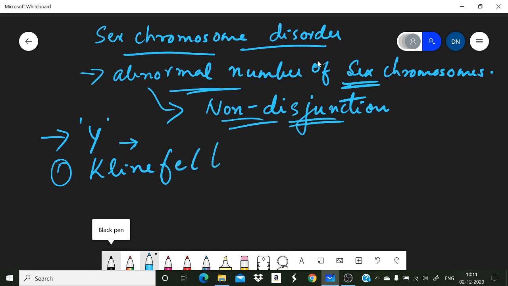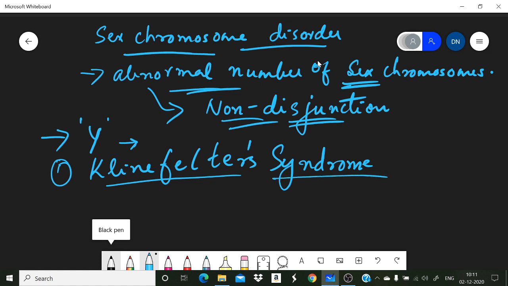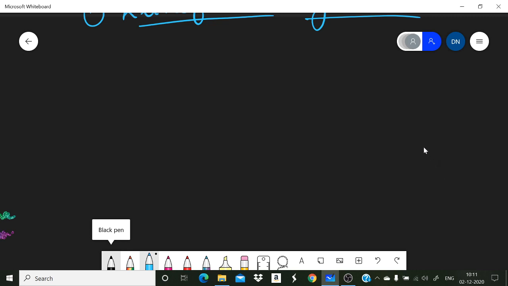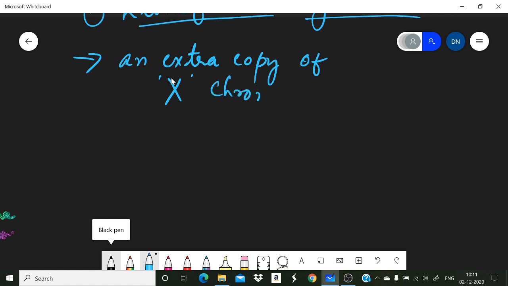Klinefelter's syndrome is due to the presence of an extra copy of the X chromosome.